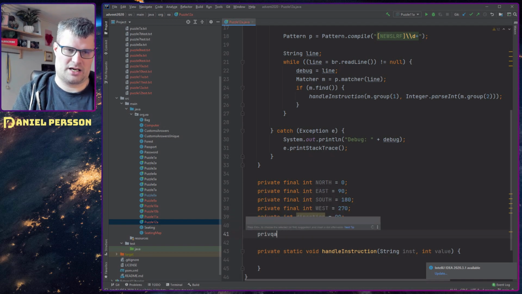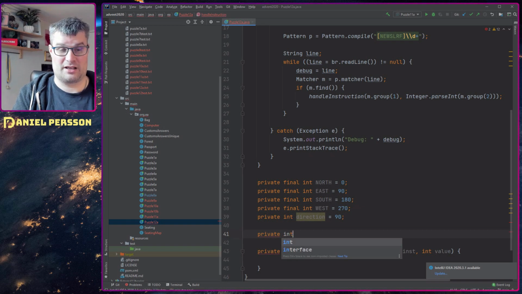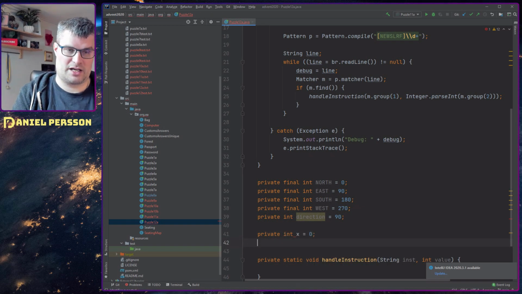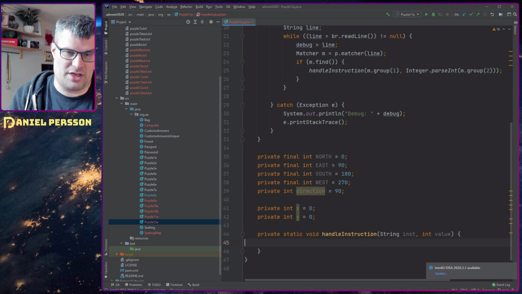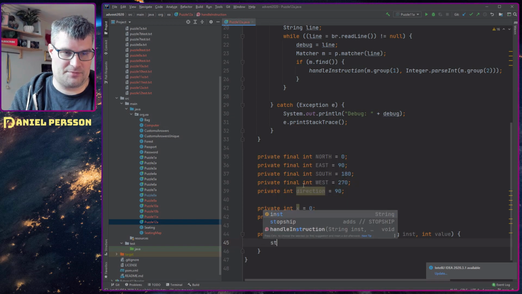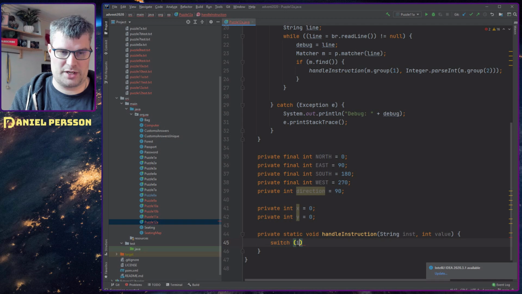And then we can have a position where we say that we have an x value of 0 and a y value of 0. So that's the current value there. And then we can take this instruction and switch on it.